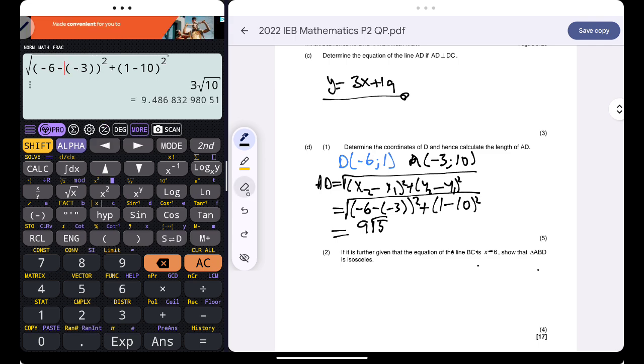Yeah, the answer is 3√10. The length of AD is 3√10.